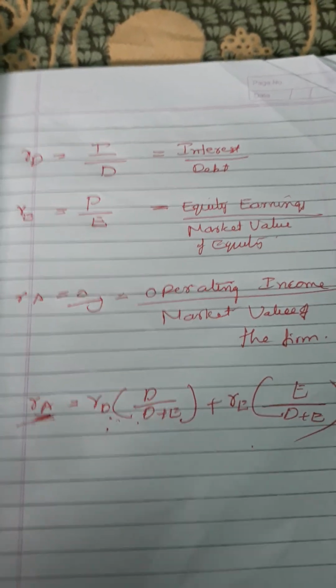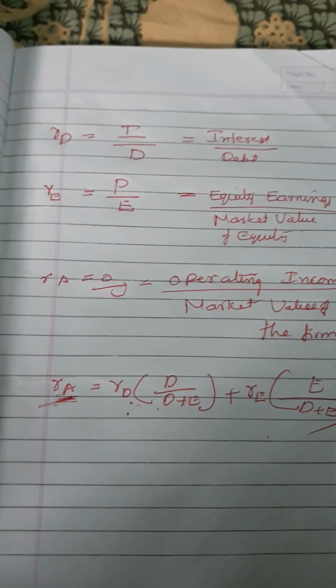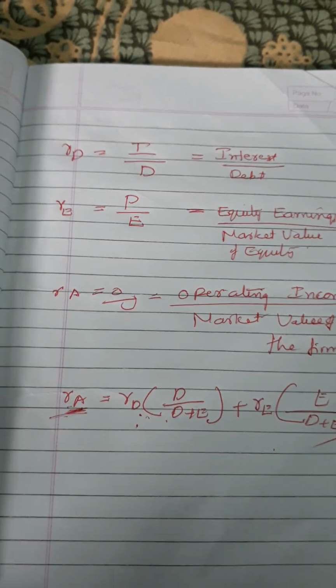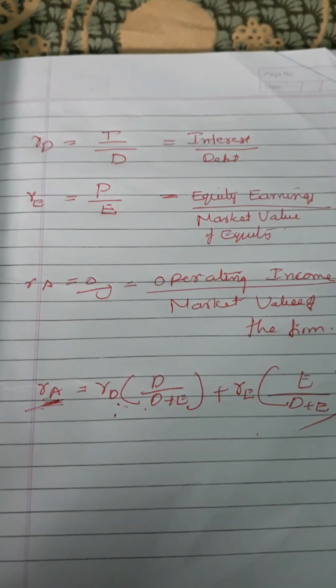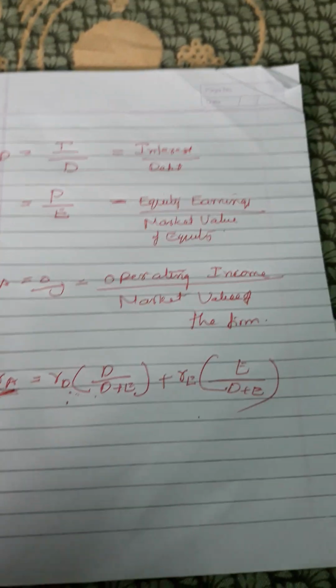So it is actually not the simple addition of the cost of the equity and the cost of the debt. I think all of you have got this. So that will decide the cost of the firm.